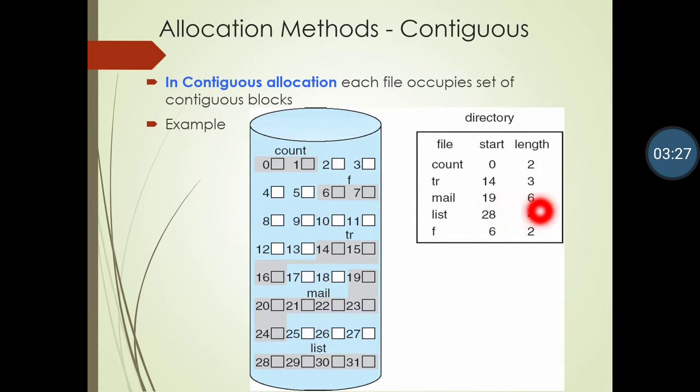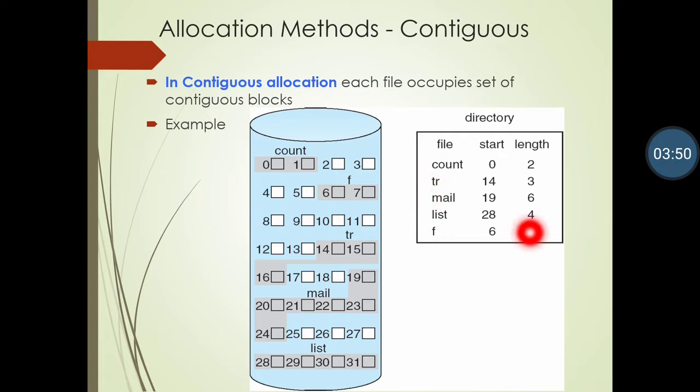These 6 blocks are allocated in a continuous manner starting from 19: 20, 21, 22, 23, 24. Like that for the remaining 2 files. So within contiguous allocation, the files are stored in continuous blocks.